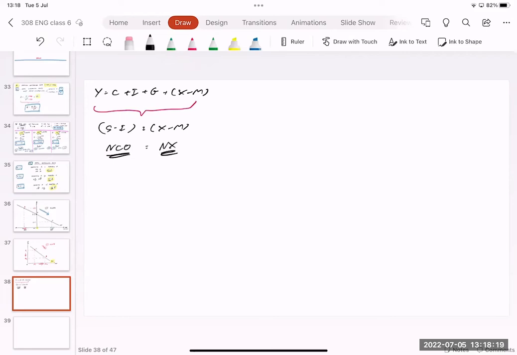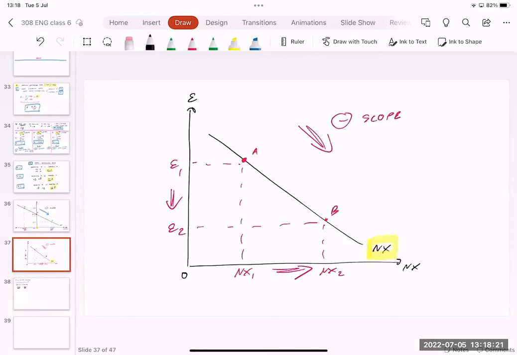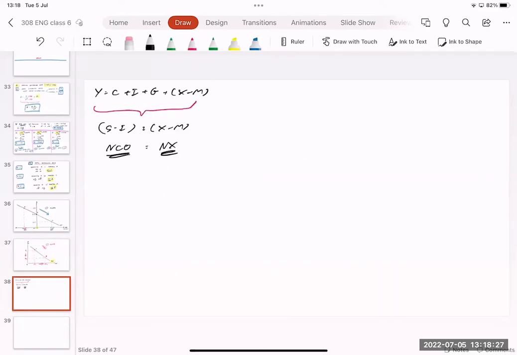You already learned how the graph of NX comes from. We have NX over here. So now we need to draw the graph of NCO. Right now we need NCO. On the horizontal axis, you have NCO, which comes from saving minus investment.